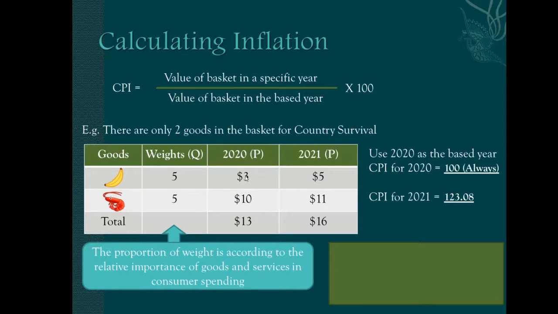If you try to do the same working using the numbers here, you will find the same number, because the weight is just showing you the relative importance of goods and services that consumers spend on in this country. From this scenario, we know it's equally important for consumers to consume bananas and shrimps.